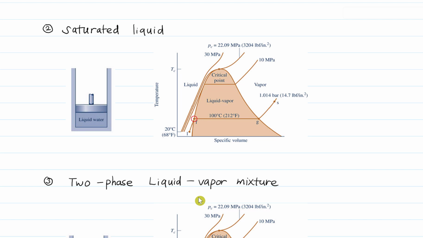On the TV diagram, it is at point F, and the subscript F is usually used on the symbols of thermodynamic properties of saturated liquid.